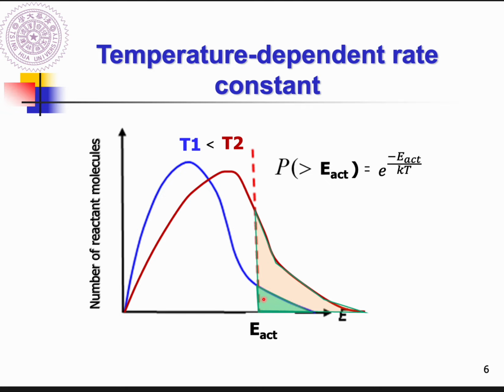But when you increase the temperature to T2, you can observe more reactant atoms or molecules can overcome this energy barrier, and it will obey this distribution. The probability or proportion is proportional to exponential of minus activation energy divided by kT.